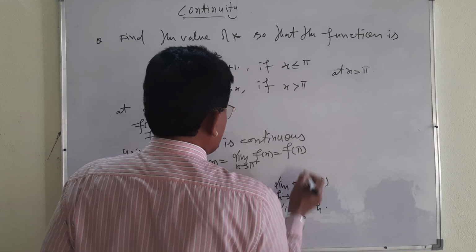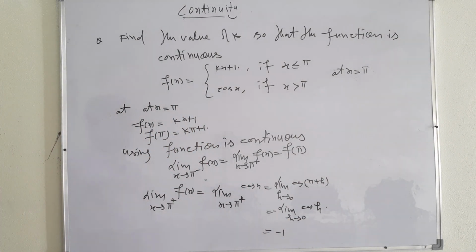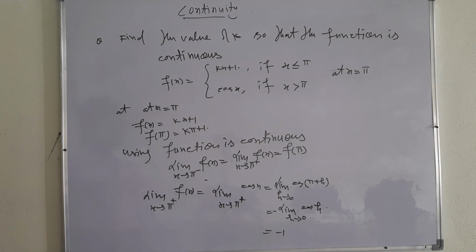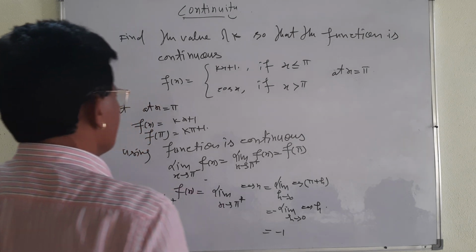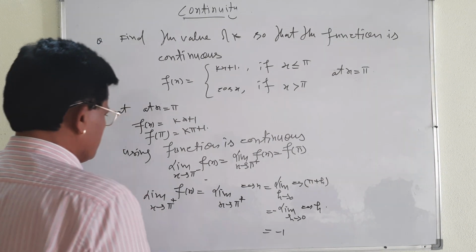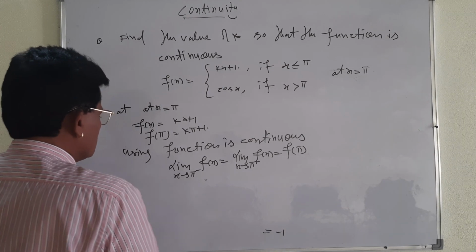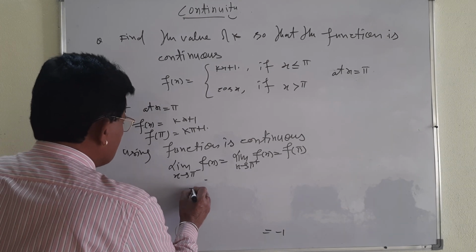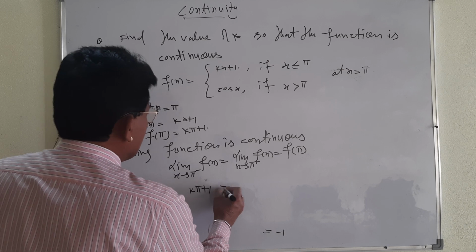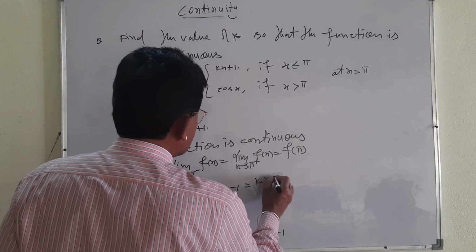And tell me what was the value of the left hand limit and right hand limit. I told you the left hand limit was k pi plus 1, and the right hand limit is minus 1. It will be equal to k pi plus 1.